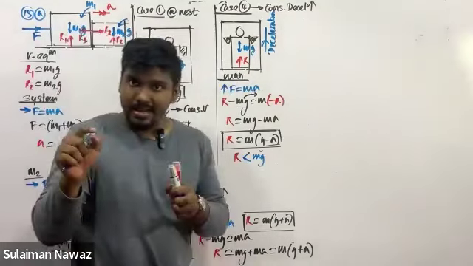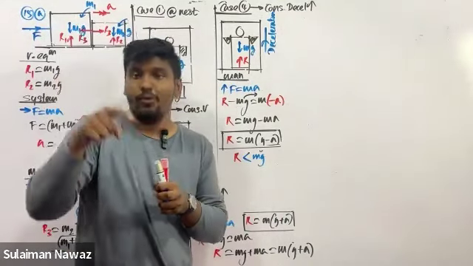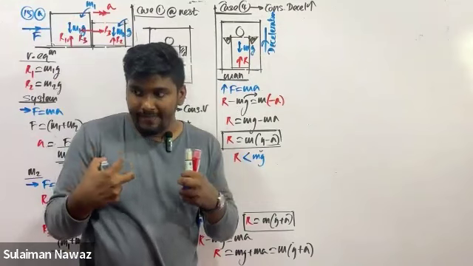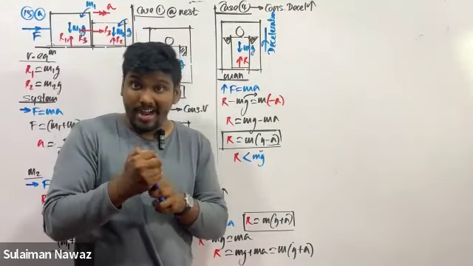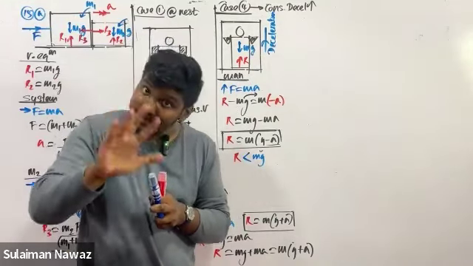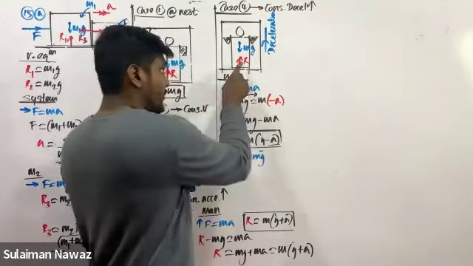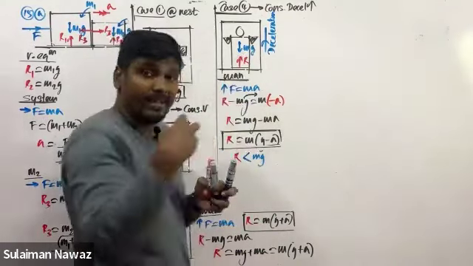That's why, when you reach the desired floor, you get a light feeling in your body. The normal reaction force acting on you is lesser than the weight force, so you feel light.